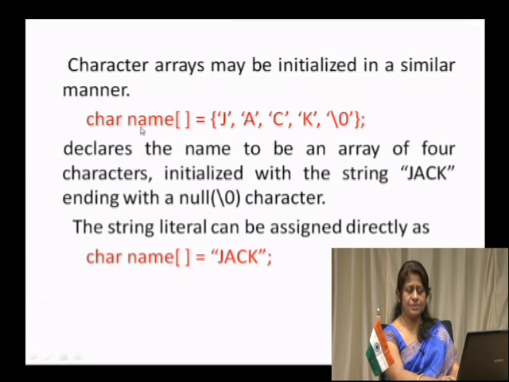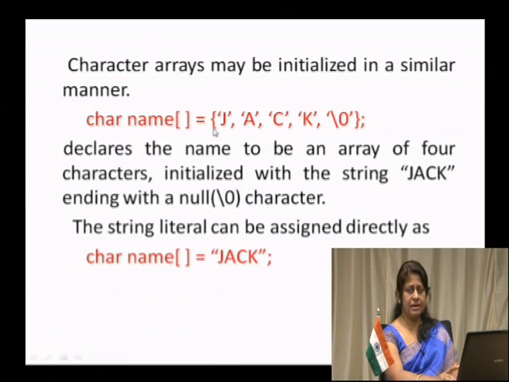I make use of the character data type as the data type name, and this is my array name, and here within the square parenthesis I am not specifying the size, though it could also be done, and I am initializing the values with some characters.